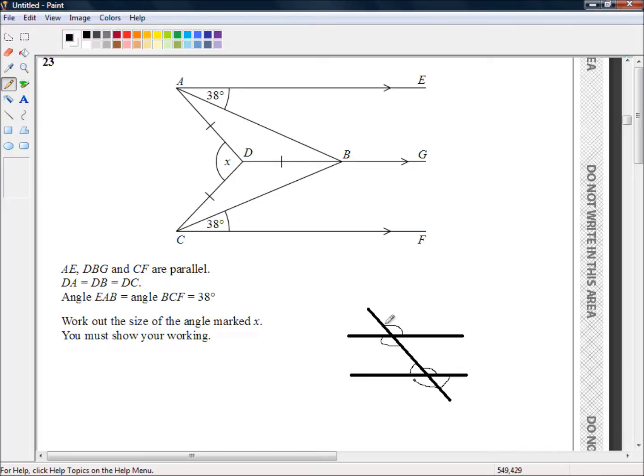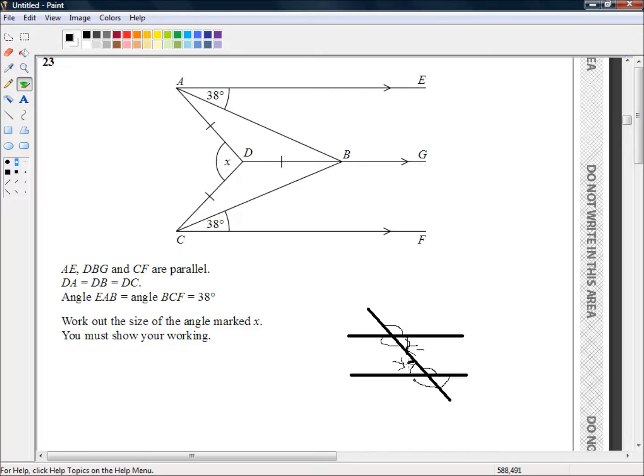A logical consequence of that, of course, is if you look here and here, you've got a kind of Z shape, so this angle here will be equal to this angle here, and these are called alternate angles.